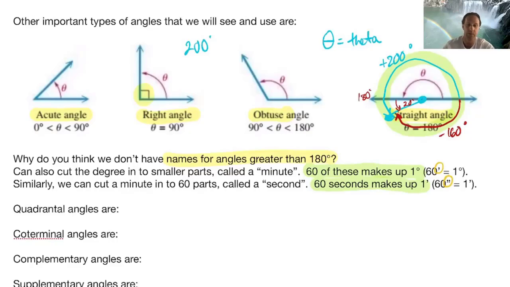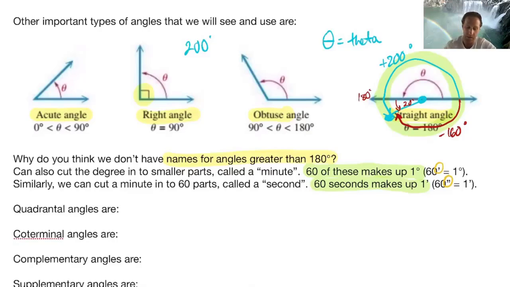Okay, so the cool thing is you already are familiar with these. I know it's new terminology. You may have even seen these in movies, like war movies, where there's a sniper. They would click the little top, and just a smidge, they would move it just a little bit, not a whole degree, but just a minute or a second to try to get the right target.